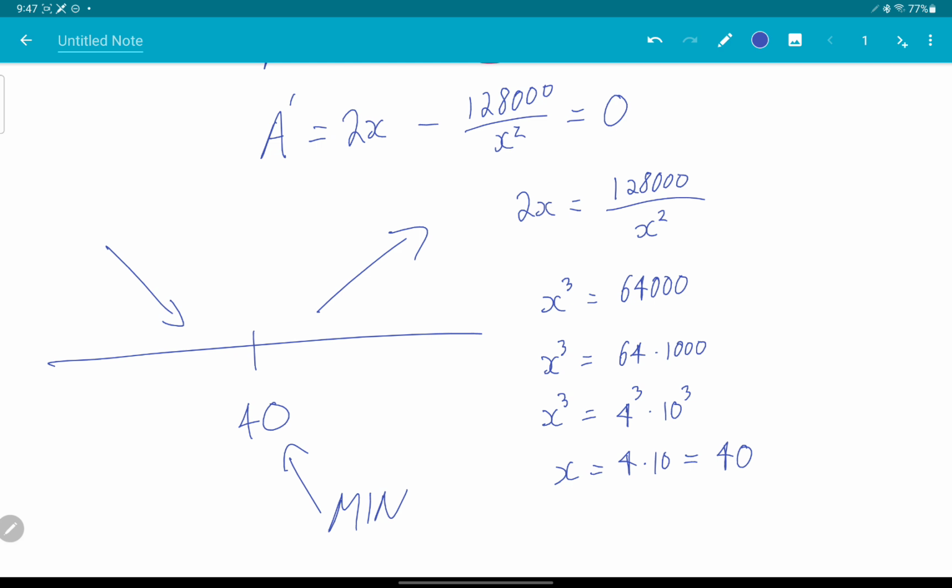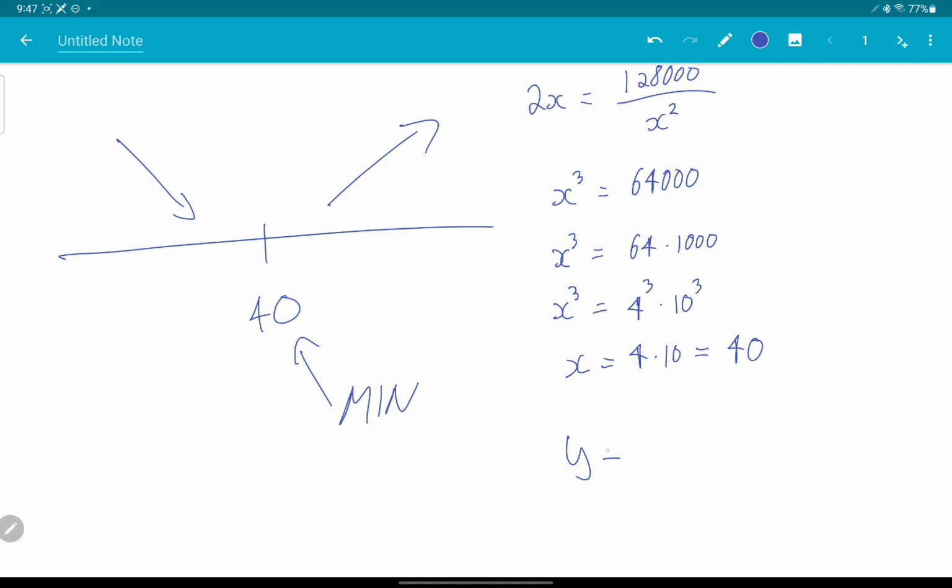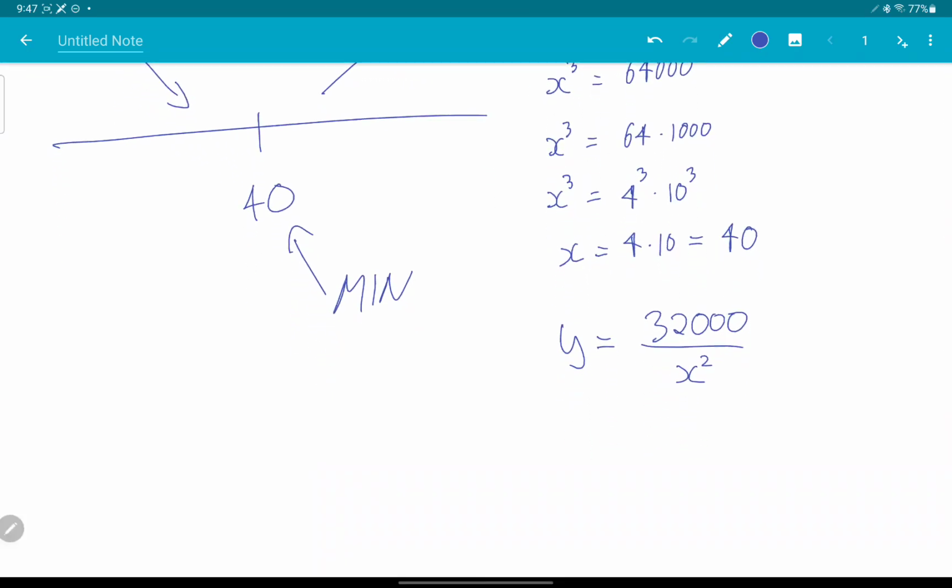as required. So x equals 40 will minimize this, and I should find the corresponding y. What was y? y was 32,000 over x squared. So y is 32,000 over 40 squared.